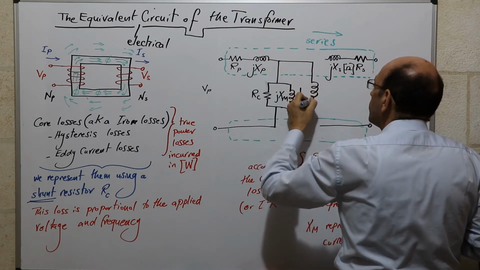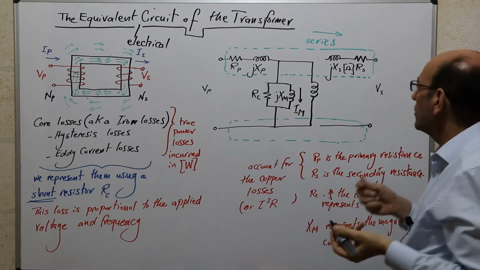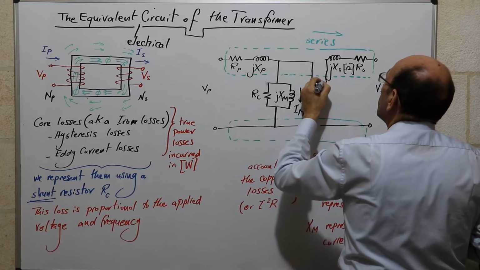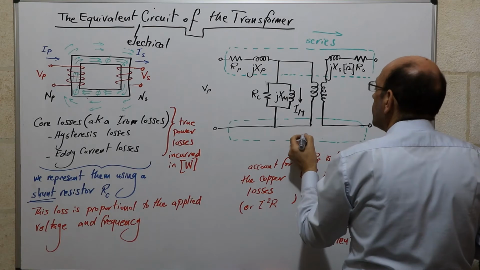And the ideal transformer has no internal resistance, no reactance, and no losses, no core losses. So this is an ideal transformer.